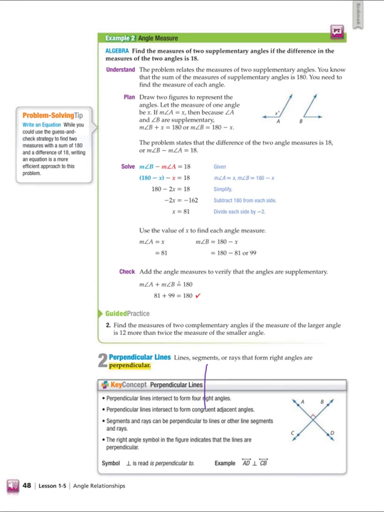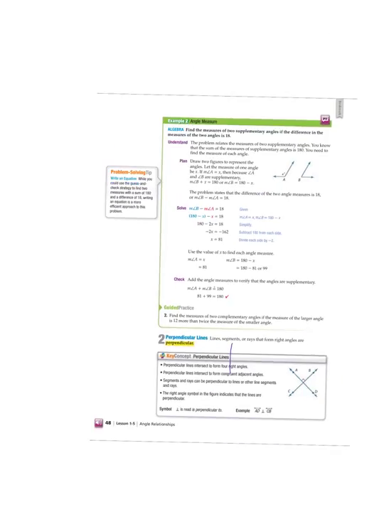All right, we're talking about lines coming together and intersecting. So we want to talk about a specific kind of line that intersects that I know you've talked about before.